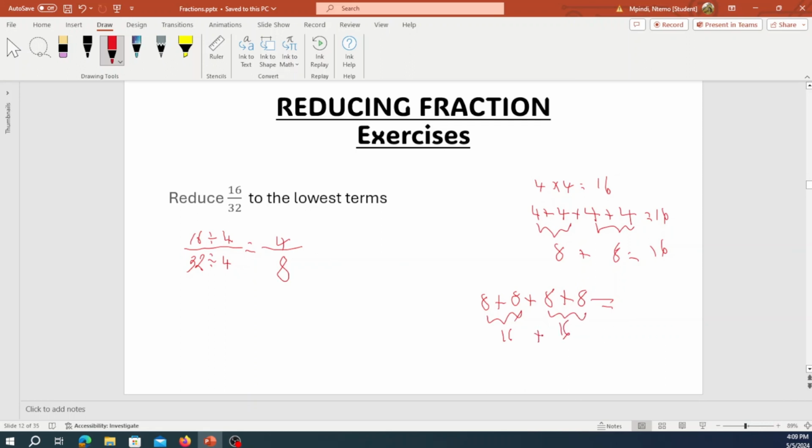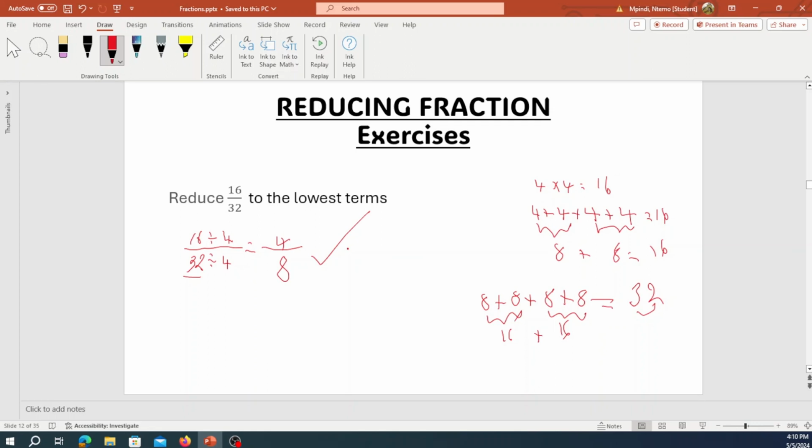When you add them together, what you gonna get? You're gonna get 32. That's the right answer there. So in case you wanna double check this, this is the one here. So we're gonna move on to the next one.